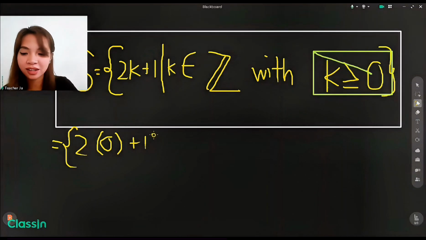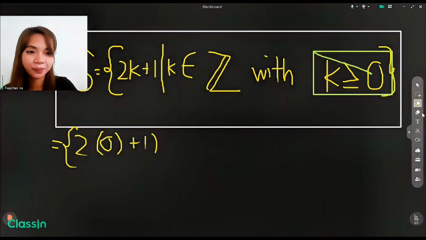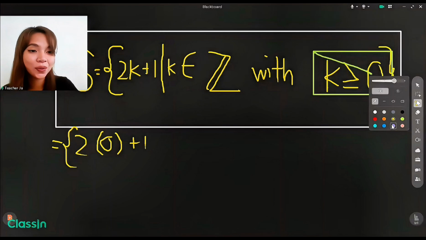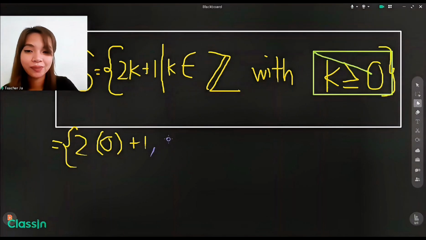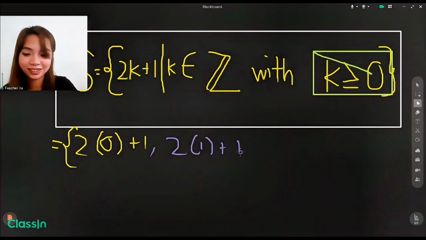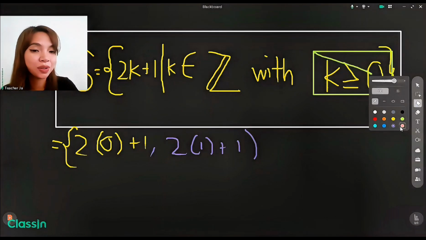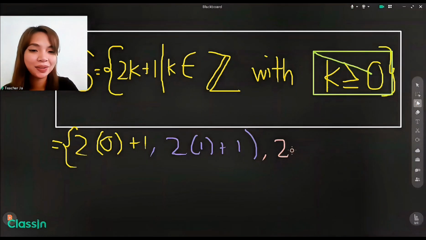For the second number, we use 2 times 1 plus 1. Then we use 2 times 2 plus 1.